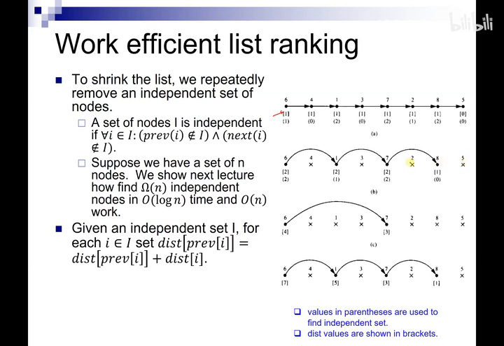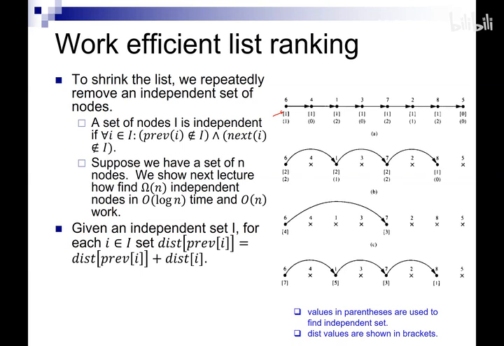For example, when we took out this guy as an independent node, his previous node was the 7 over here. He set this guy's distance to be the current distance, which is 1, plus his own distance, so this becomes a 2. Likewise, this became a 2, because this node 3 over here set this distance to be 1 plus 1, which is 2.